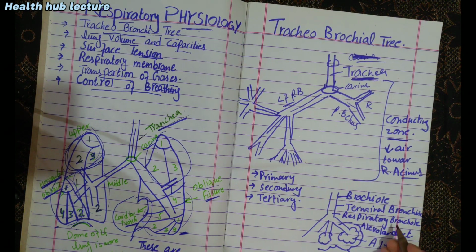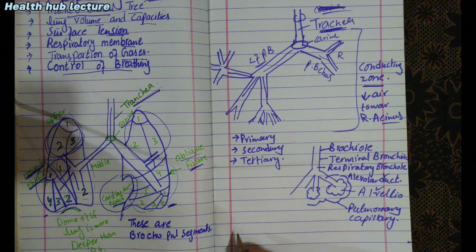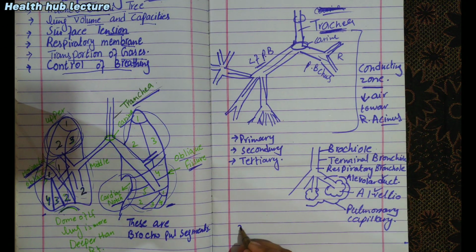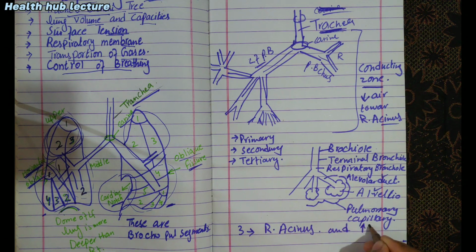In these, three: alveoli, alveolar duct, and the respiratory bronchiole, these three are collectively called respiratory acinus. And here the gaseous exchange takes place.